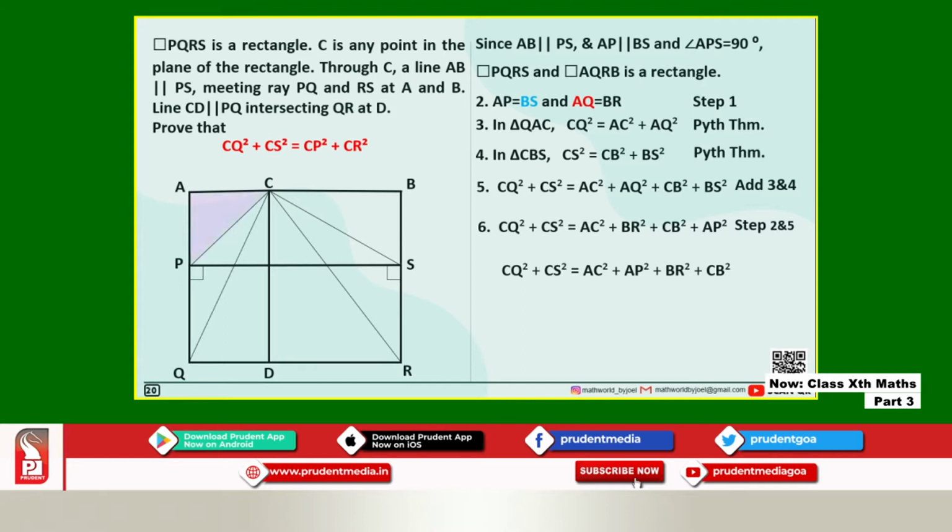Okay. Now, look at this triangle again. AC square is one side of the triangle, AP square is another side, and when I add, I can use Pythagoras theorem to write the sum of both of them as CP square, because that's what Pythagoras theorem tells us, right? So all I will do is write AC square plus AP square as CP square, and BR square plus CB square will be a part of this entire big triangle.